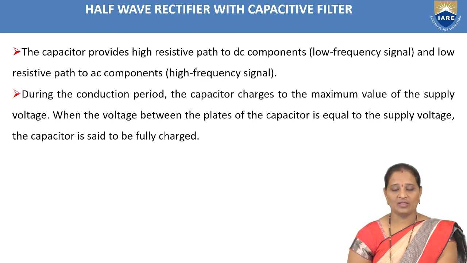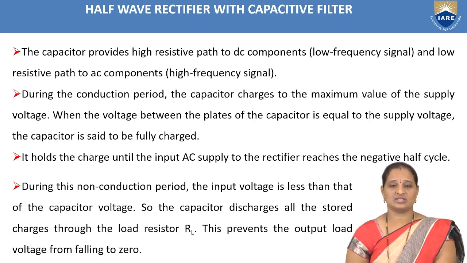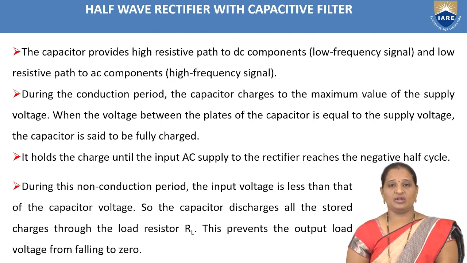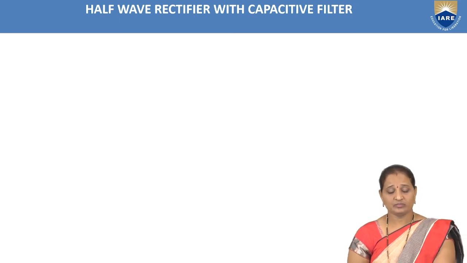And hence, all the AC components will be passed through the capacitor and will be grounded, and the DC components are opposed by the capacitor and will reach the load resistor, and hence we can get the DC components at the load resistor output. So during the conduction period of the diode, the capacitor charges, and during the non-conduction period, the capacitor discharges through the load resistor.